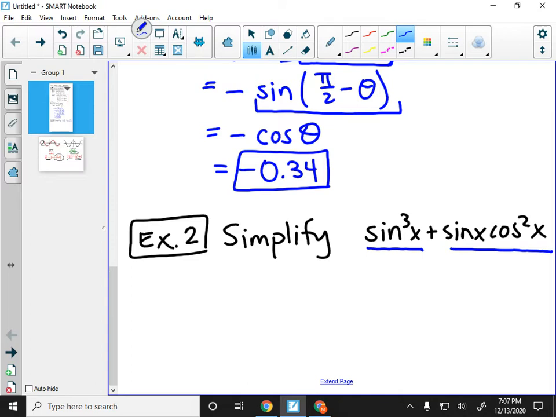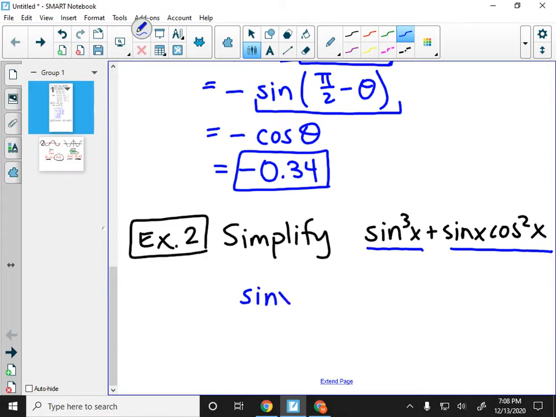If you don't see it, you can also think of it as an easier problem. I could think of this as something cubed plus that same something times something else, because now it's cosine squared. Between those two green terms, you would hopefully say, well, they both have an x in common. Well, between both of the terms that I have underlined here, they both have a sine of x in common.